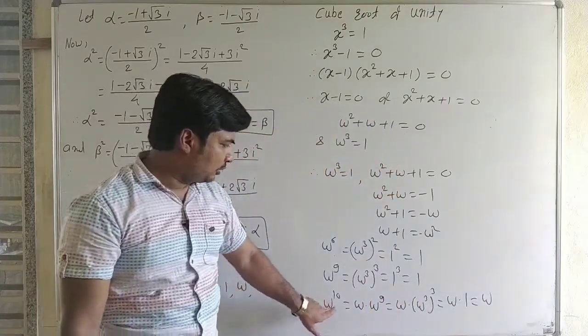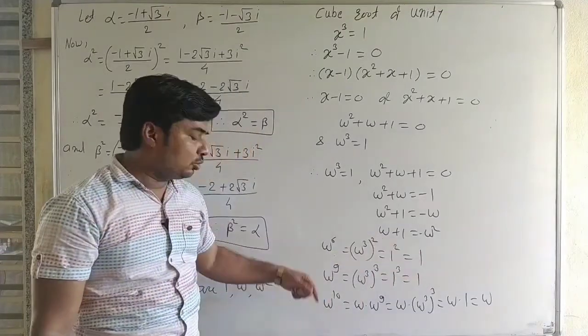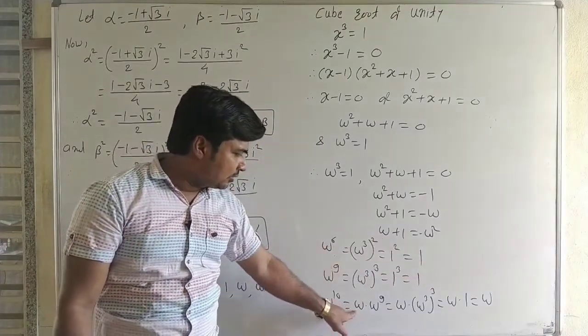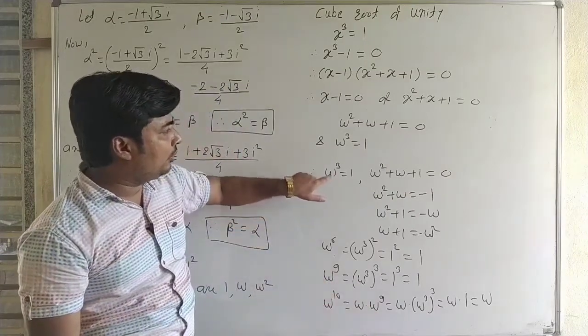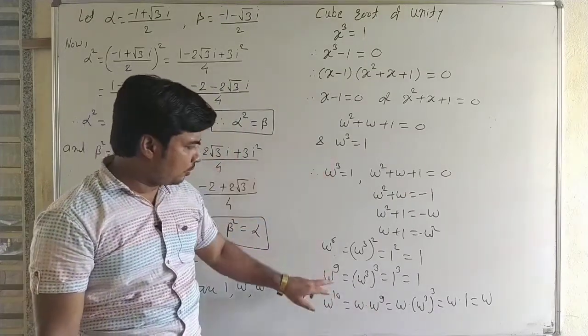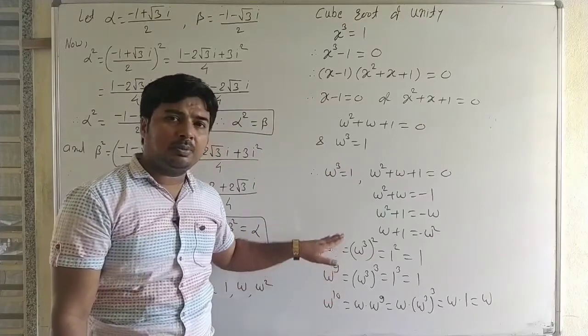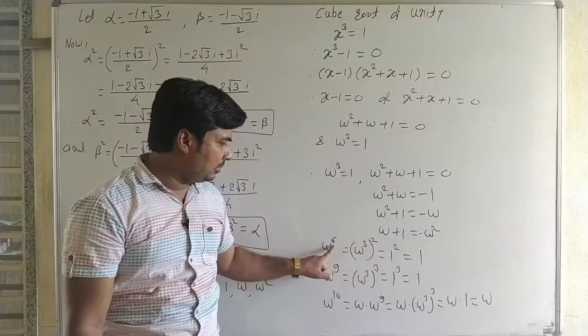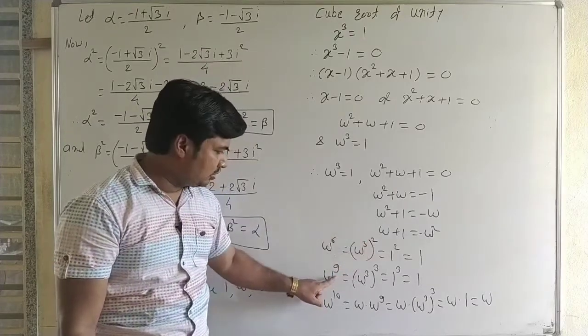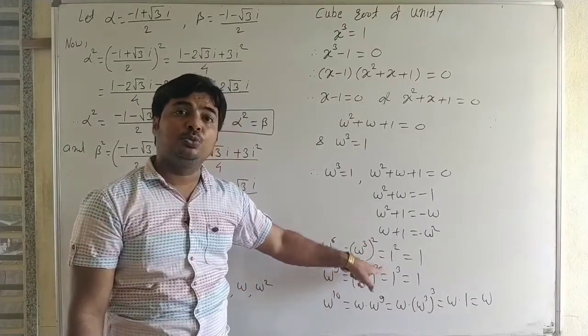Omega to the power 10 is equal to omega. Omega to the power 11: omega square into omega to the power 9. Here we know the power 9 is perfectly divisible by 3, so we get the form omega cube to the power 3.